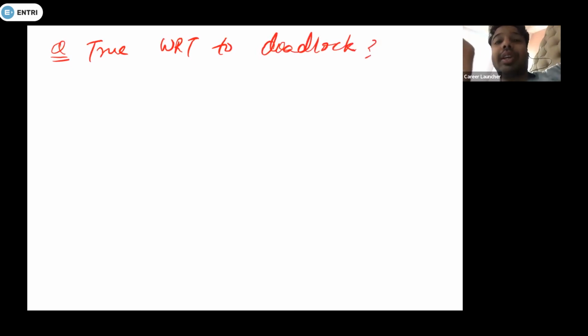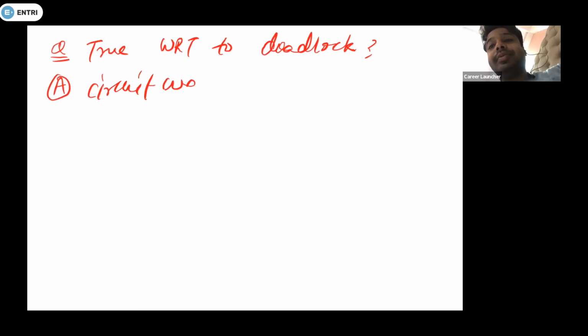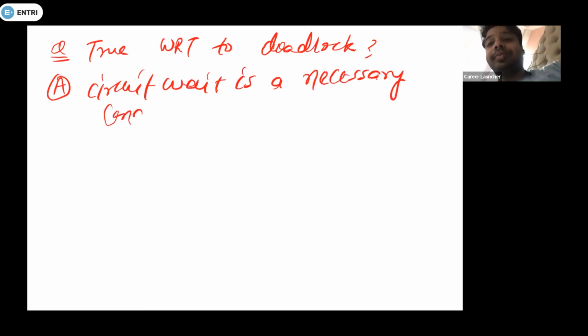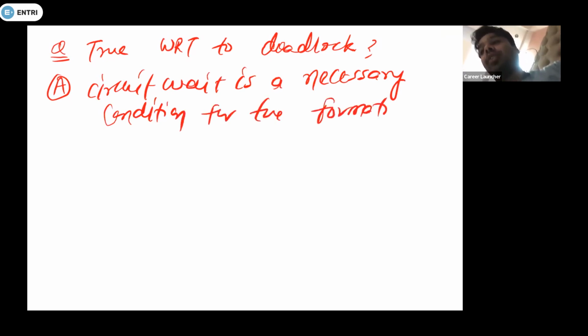Option A: circular wait is a necessary condition for the formation of deadlock.